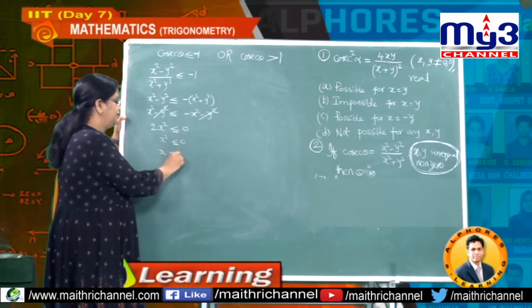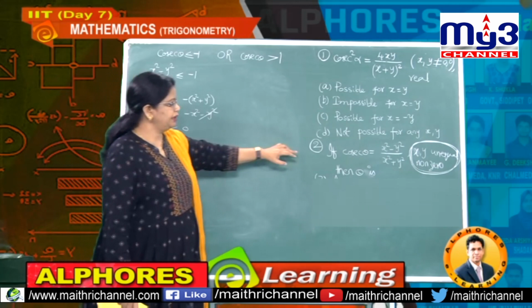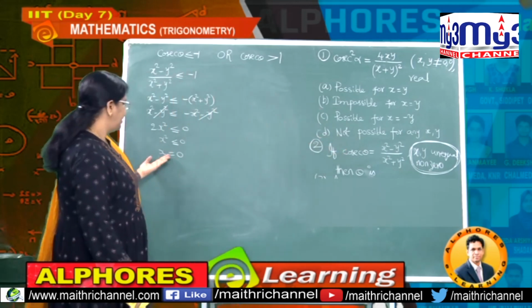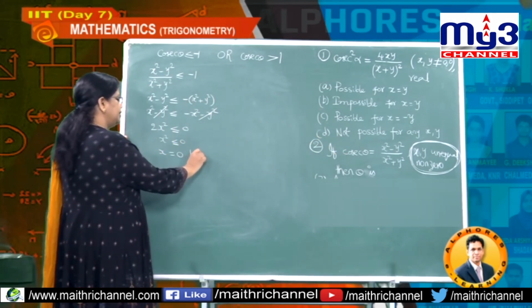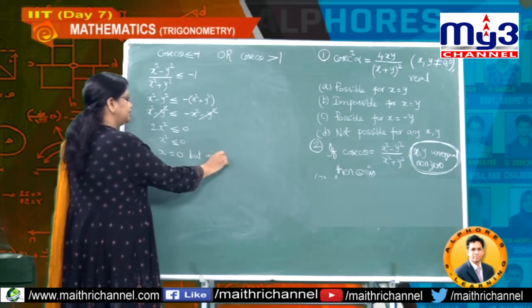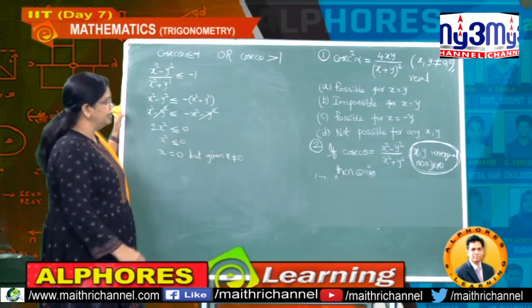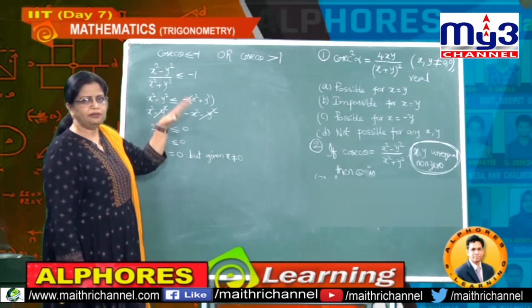X equal to 0 is the only possibility. But in the problem they already mentioned x and y are non-zero. So I cannot take x as 0 in this problem. What is the condition given here? X not equal to 0. Non-zero values they are asking. Understand, students? So finally from this case you didn't get any value of theta.